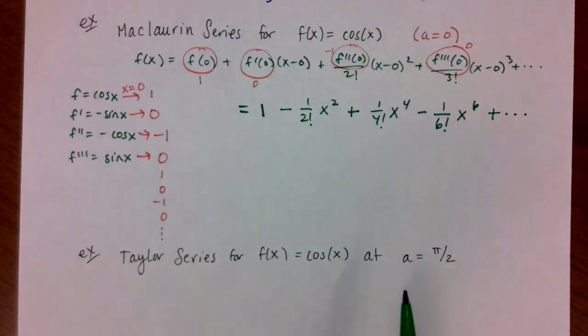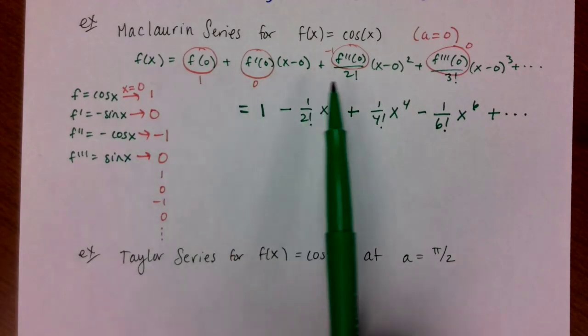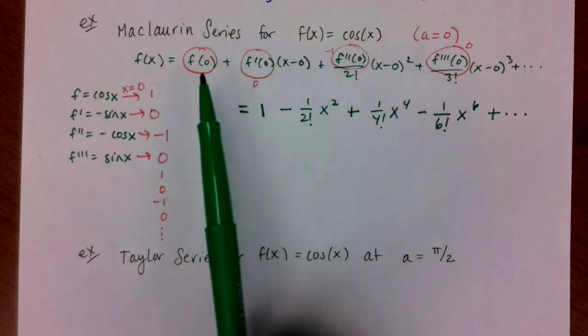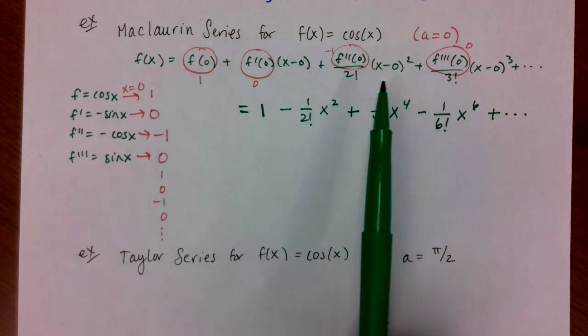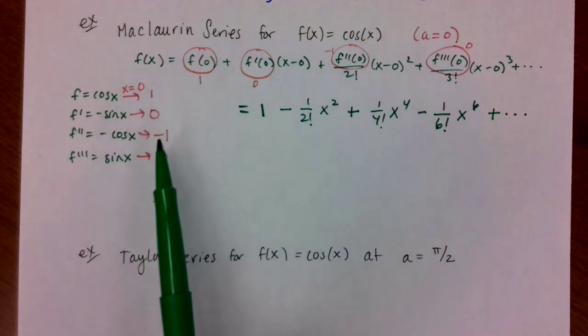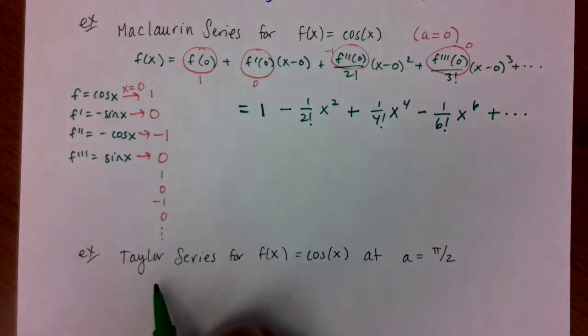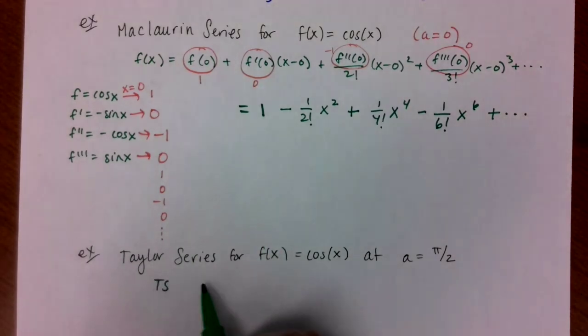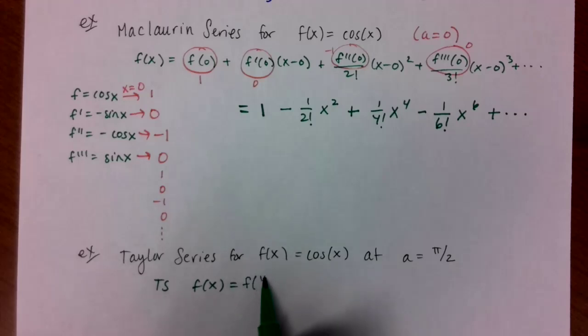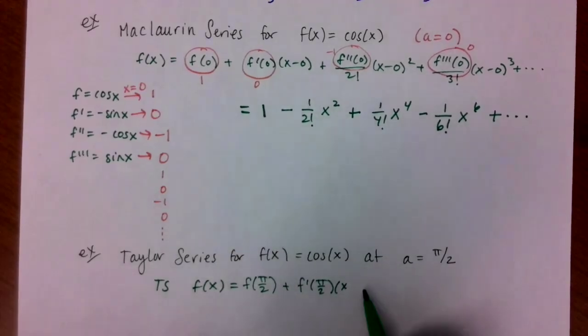So that means I can reuse this structure with a pi over 2 instead of the zeros. But I have to redo all the stuff that I have in red here, right? So I can't actually reuse the rest of the work. So this Taylor series, or f of x rather, will be f of pi over 2 plus f prime of that, x minus that number, and so on.